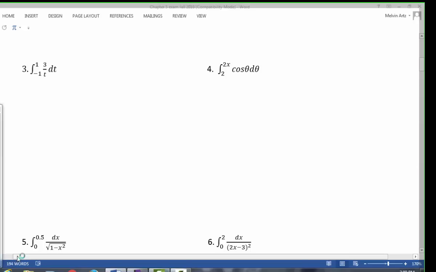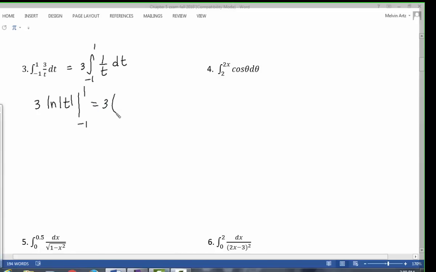Number 3, we can rewrite this as 3 times the integral from negative 1 to 1 of 1 over t dt. And we know the antiderivative of 1 over t is ln of the absolute value of t. And we'll evaluate this from negative 1 to 1.